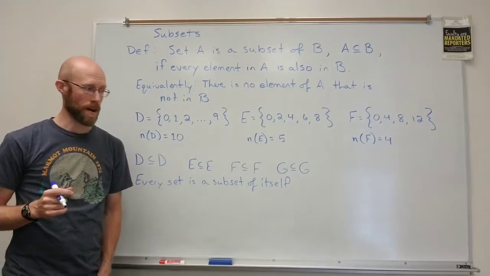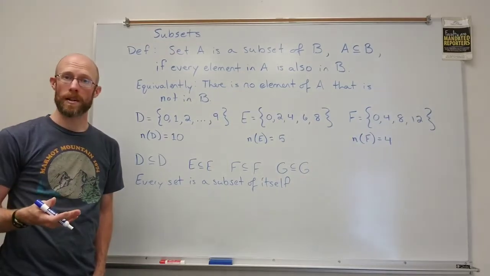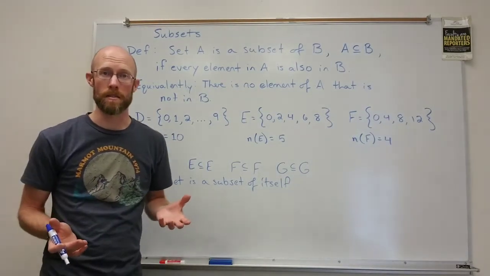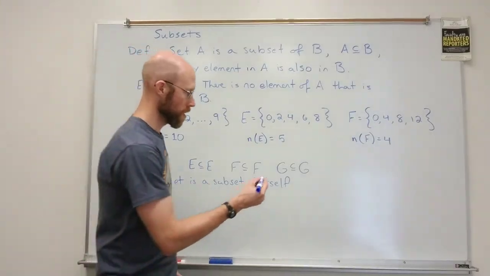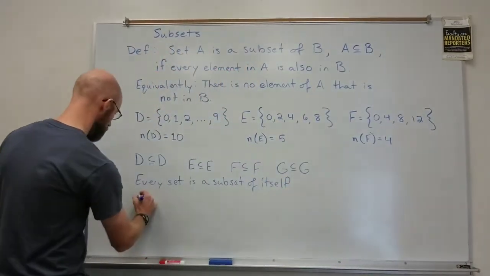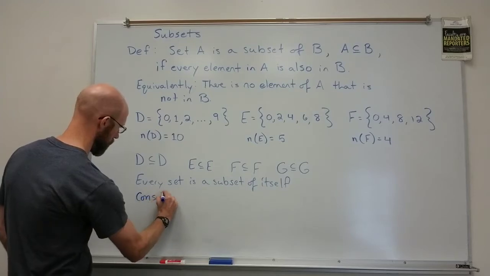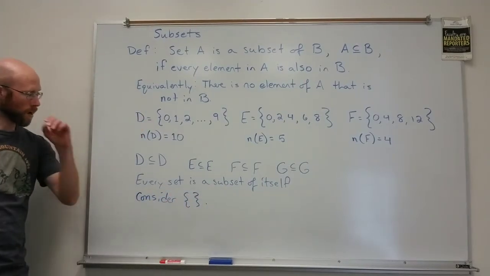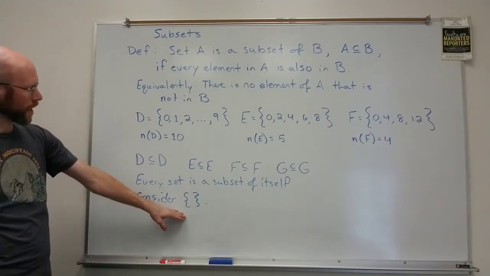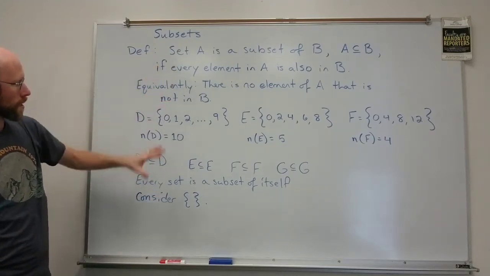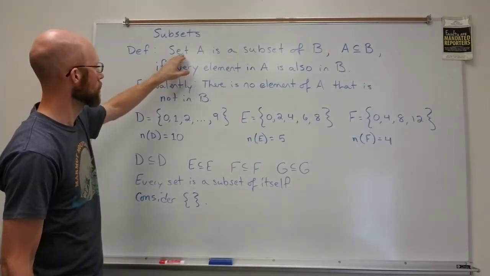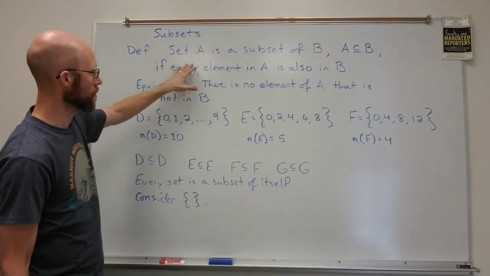In addition to that, let's take a look at the empty set. The empty set is one of those weird sets, right? It doesn't have any elements in it, so what do we do with it? Now the empty set, let's compare it to D for a moment. Let's see if it satisfies the definition.